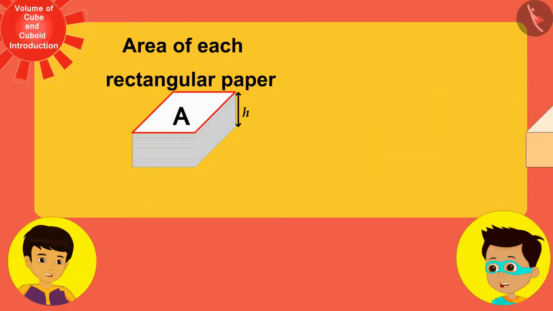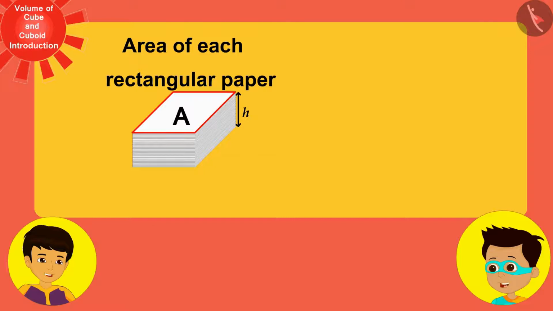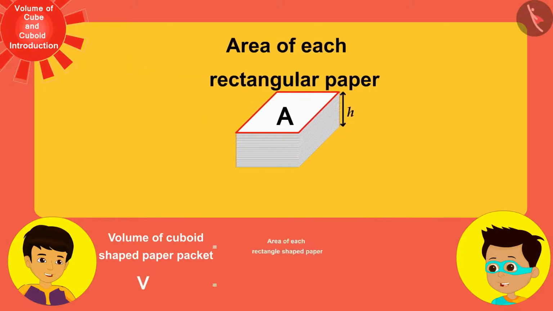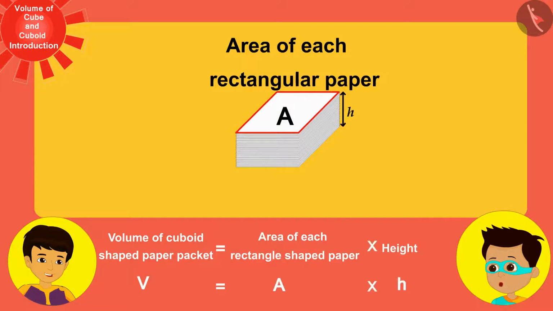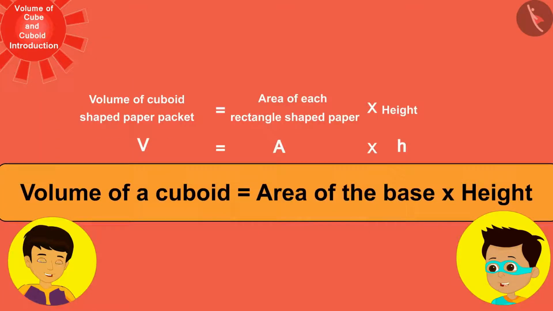Right. And you already know that the space enclosed by any object is called its volume. Therefore, we can say that the space occupied by these paper packets is its volume, V. And you can see that this volume is equal to the product of the area of each rectangular paper A and the height of the stack H. Look, we have come to know the formula for the volume of any cuboid.